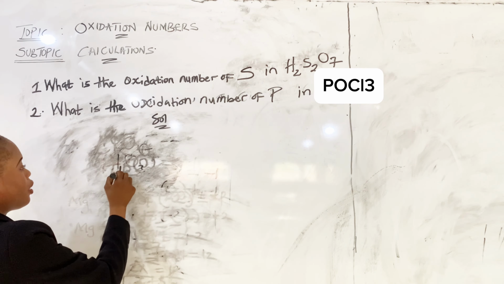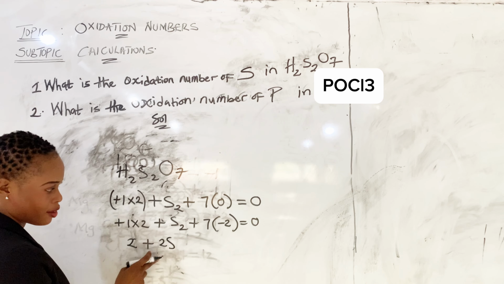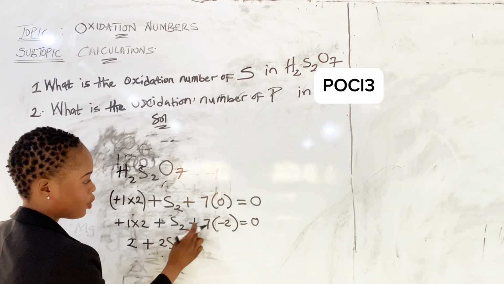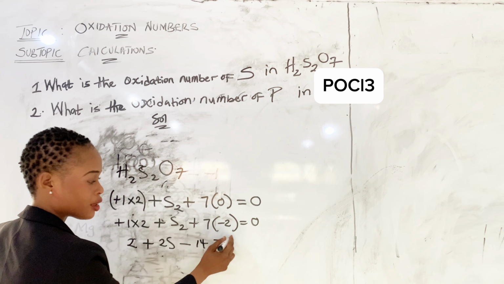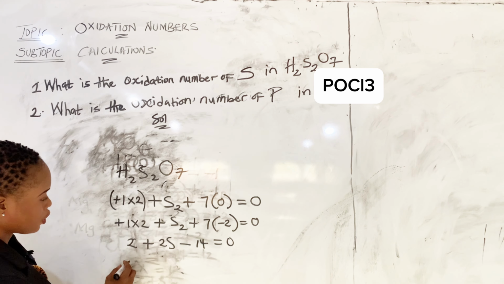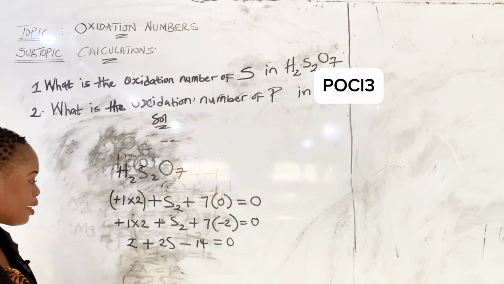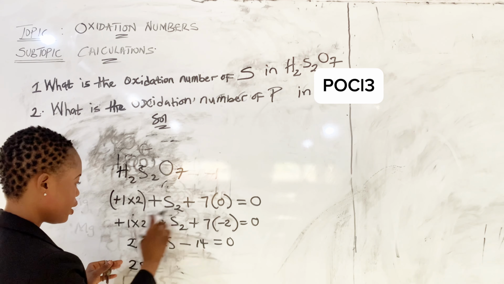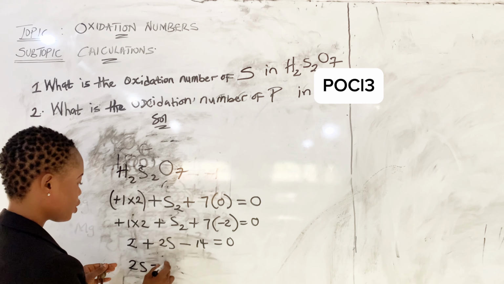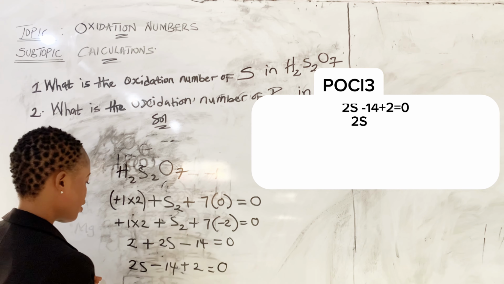So 1 times 2 is 2 plus 2S, right? Now plus times minus is minus. 2 times 7 is 14, equal to what? 0. Okay? So we're going to collect like terms, right? So 2S will come this way, then this becomes minus 14 plus 2 equal to what? 0.